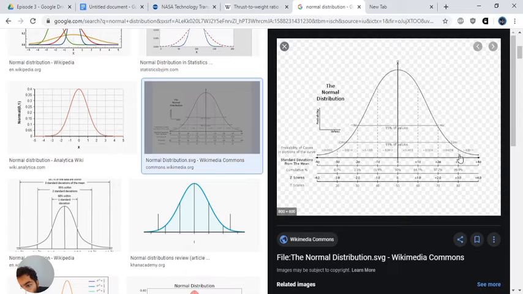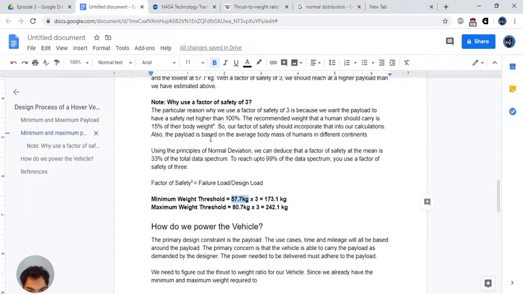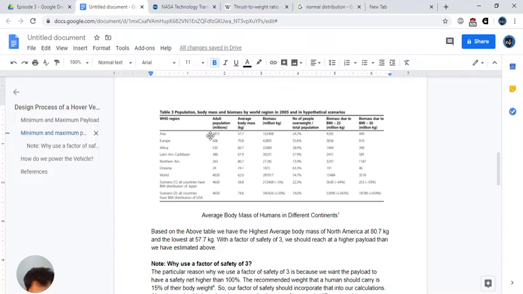What I'm trying to explain here, and I'm such a bad explainer, is that your average body mass is this, but your largest body mass for Asia would be 173 kg. So if you had to sell this in Asia, you'd have to sell at 173.1 kg, right? North America is the same thing.